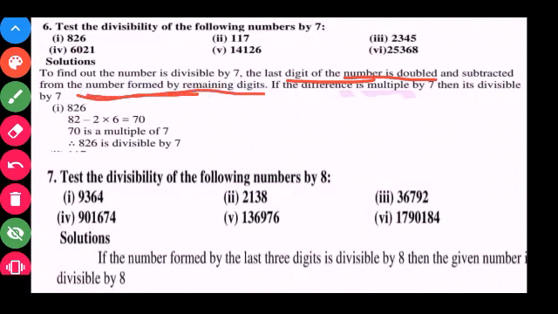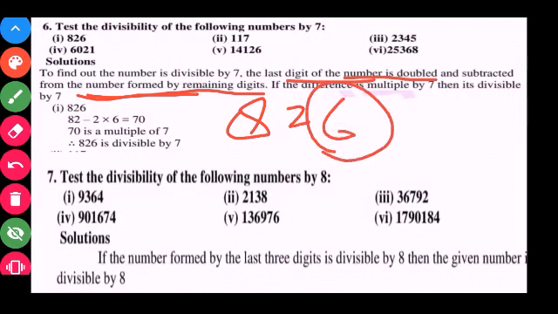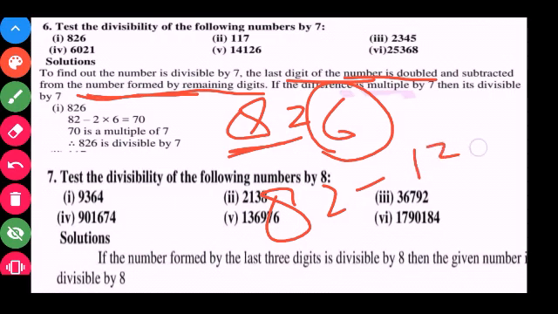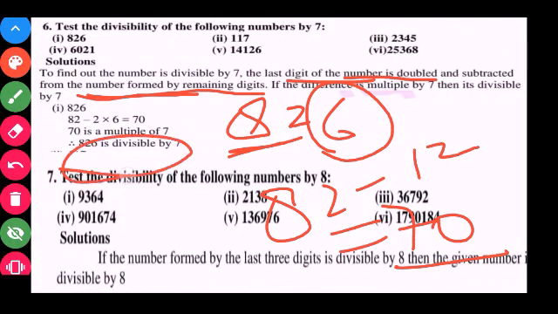So here in 826 the unit place digit is 6, so you subtract double of 6 from the remaining digits. So 82 minus 12 is equal to 70, and 70 is a multiple of 7, therefore the given number is divisible by 7.